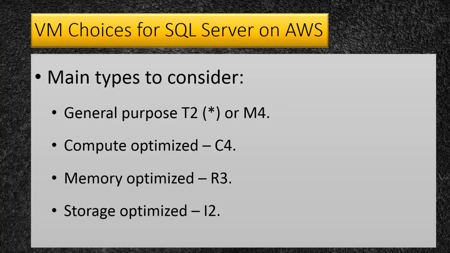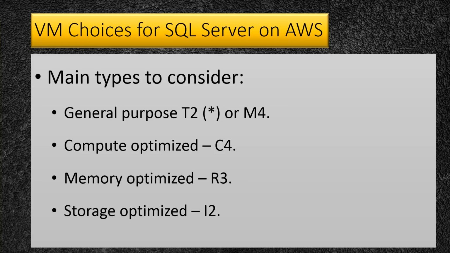And then finally, there's the model called storage optimized. Really, the storage optimized is just a machine that has been tuned by AWS for faster and higher throughput to their storage volumes, with very, very large SSDs mounted on the VM.